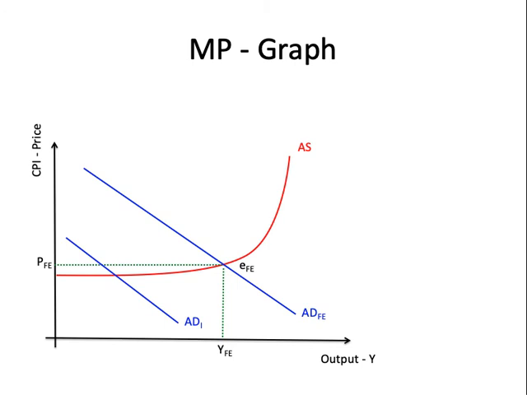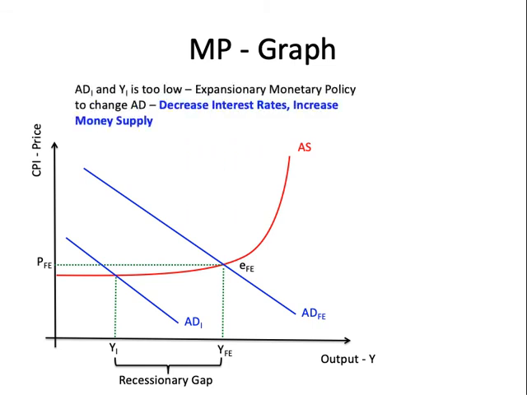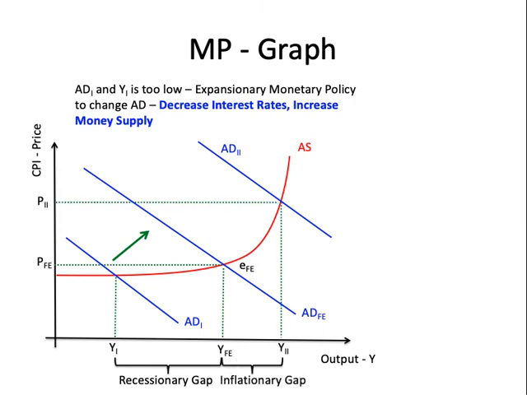In our first scenario, aggregate demand is low, so output is low, and we're in a recessionary gap. If we're in this situation, expansionary monetary policy needs to happen. We want to decrease interest rates and increase money supply, and that will increase aggregate demand. Our next scenario is if aggregate demand 2 exists and we have an inflationary gap.